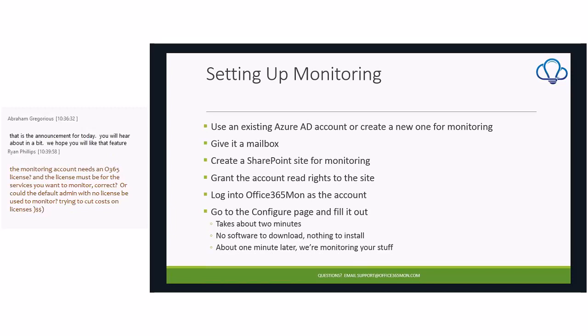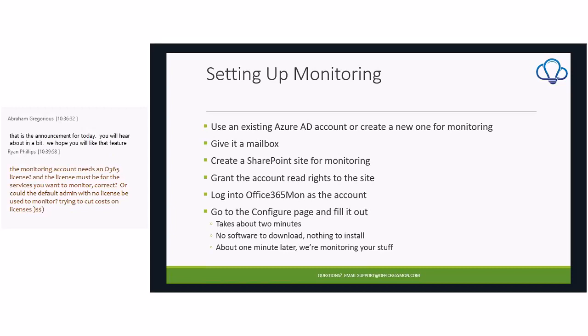There's no software to download. There's nothing to install. You basically just fill out about 3 or 4 pieces of information, and once you've completed that, then you're done, and we start monitoring your stuff. So literally within a minute or two after you've completed that configuration page, the monitoring process begins.